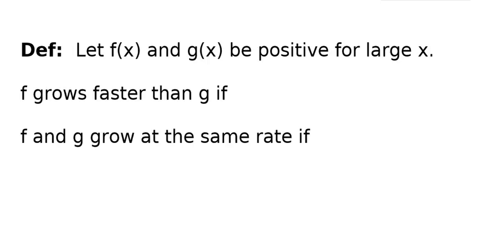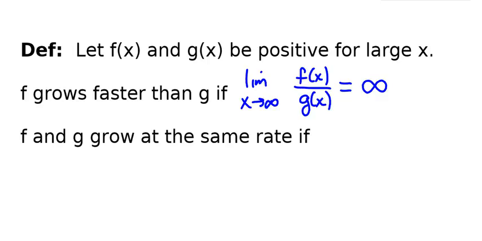So f grows faster than g if the limit as x approaches infinity of f of x over g of x is infinity. So if I put f over g, look at large values of x, and I get infinity for that limit, I get that limit can be made arbitrarily large. Then f grows faster than g.